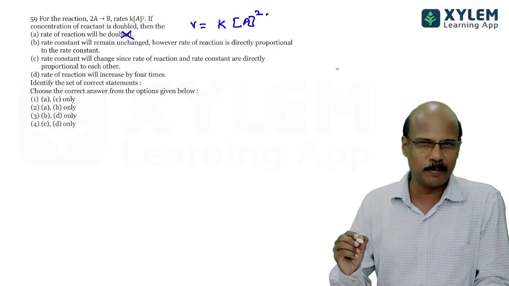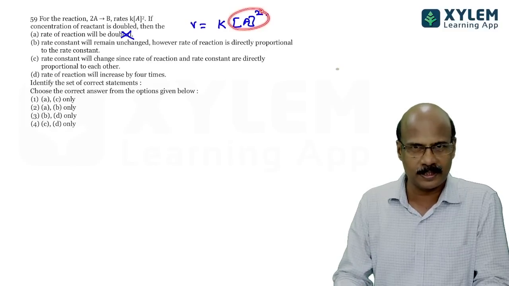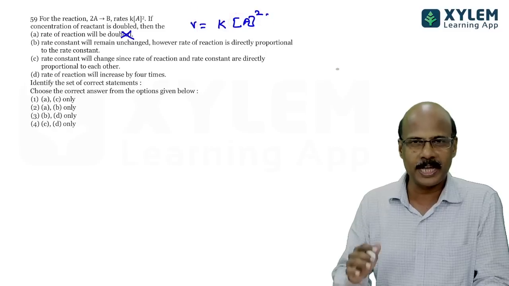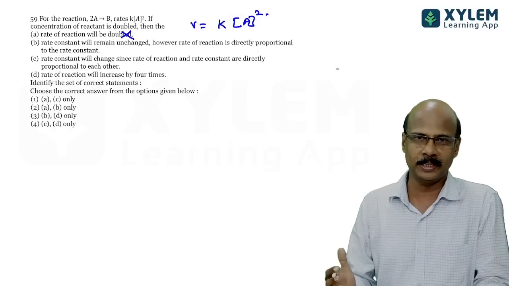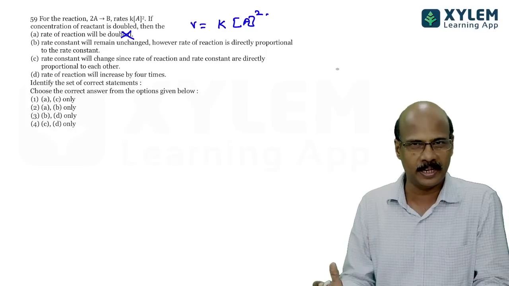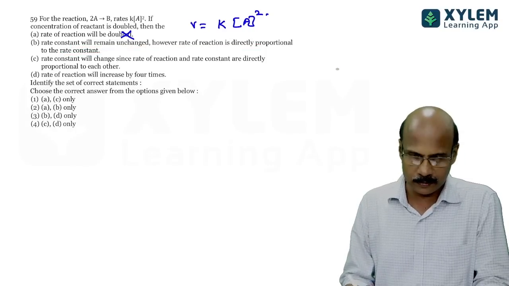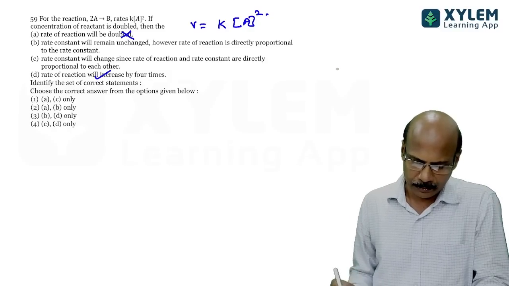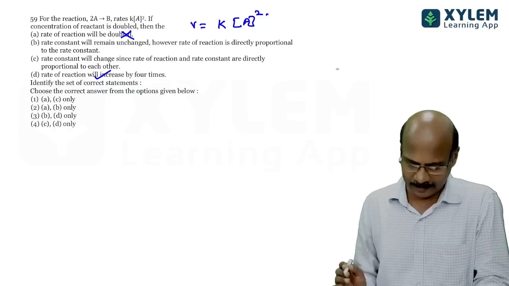However, rate of reaction is directly proportional to the rate constant. You can extend one more part. If concentration of reactant is fixed, rate increases with k, no doubt. A reaction having a greater rate constant means it occurs readily. The speed of the reaction is very high. So this part can be considered correct, because the exactly correct statement is given in the D option. You know, rate of reaction will increase 4 times. That is exactly correct.